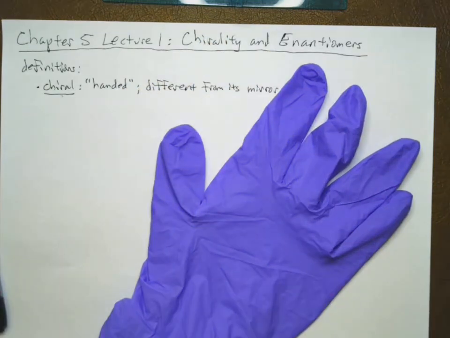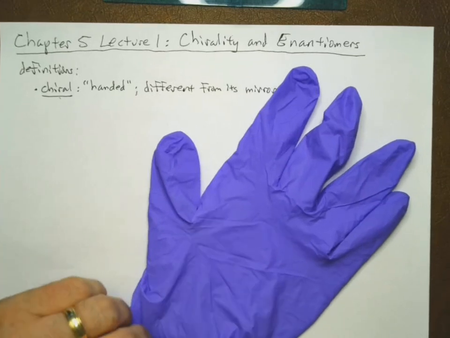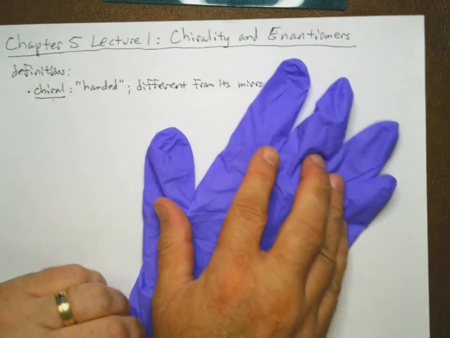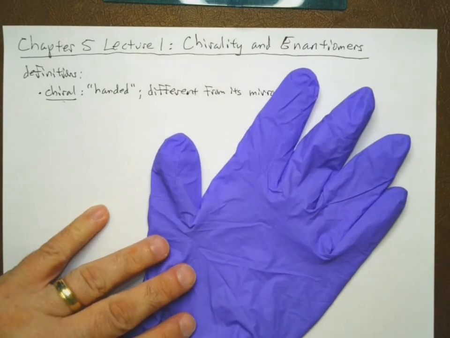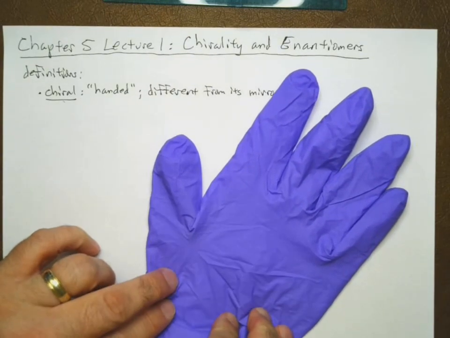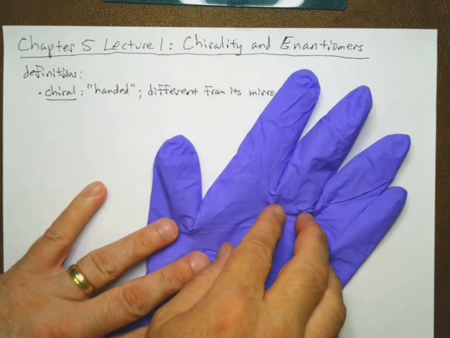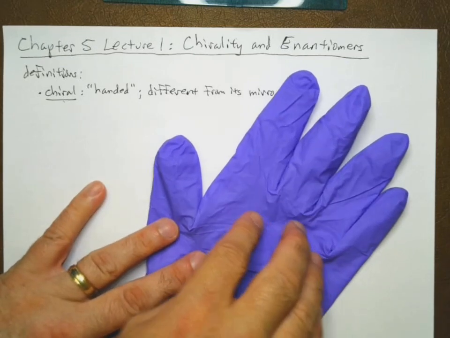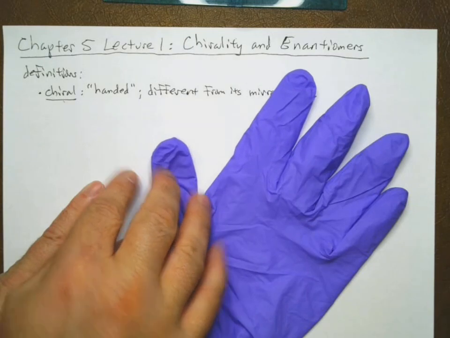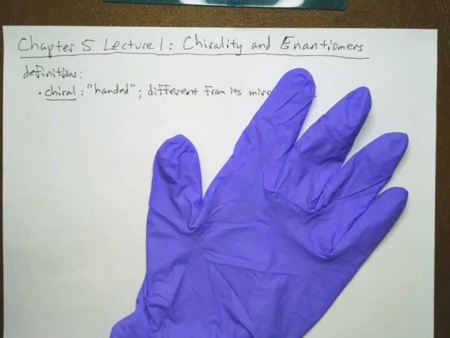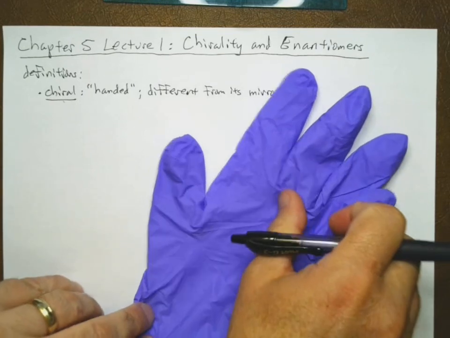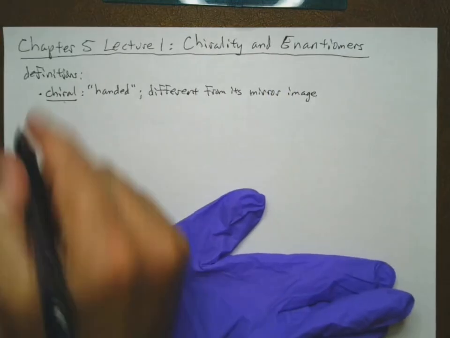So that is superposition, or sometimes called superimposing something. Okay, we're trying to put them in the same space. Obviously, you can't really do that, but with these gloves, we kind of can. So one blue glove is a mirror image of the other blue glove, but they line up. So that's an example of an object that is not chiral, or achiral.